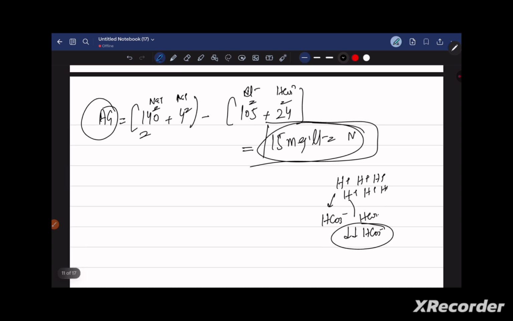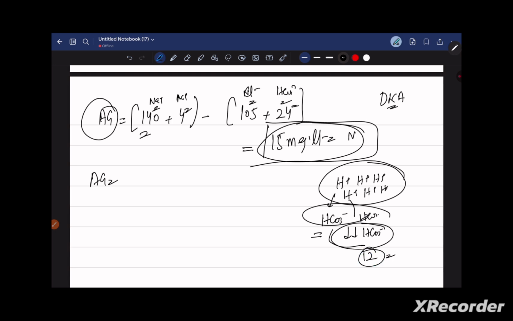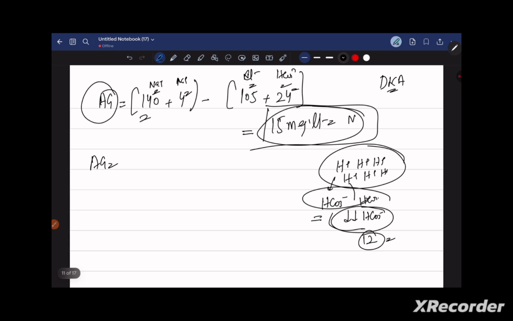So if we consider a diabetic ketoacidotic patient, the bicarbonate concentration will be less, suppose 12, since normal is 24. If we calculate the anion gap, sodium will be 140, potassium 4, minus chloride 105 and bicarbonate 12.